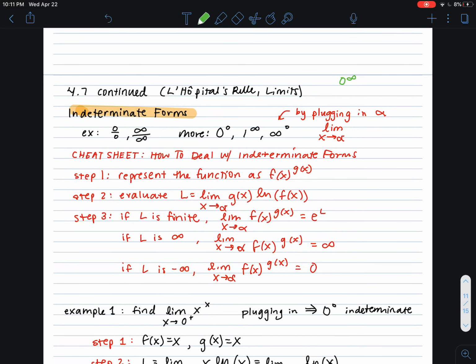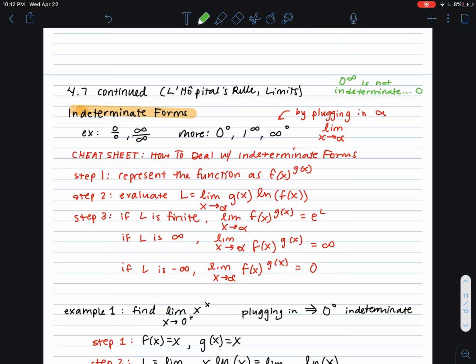0 to the infinity is not indeterminate. It's just 0. Because if you have any 0 times whatever number, it's going to be 0.